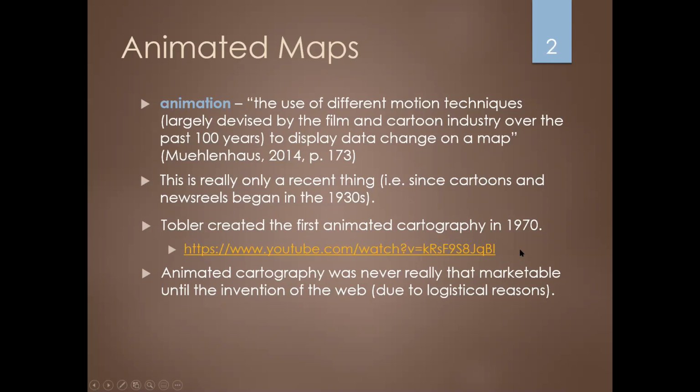He was actually using a very fundamental but important animation technique called stop frame animation. Animated cartography was not that popular before the invention of the internet, of the web, because back then you didn't have convenient software to create animations, and you didn't have an efficient method to distribute your animation.